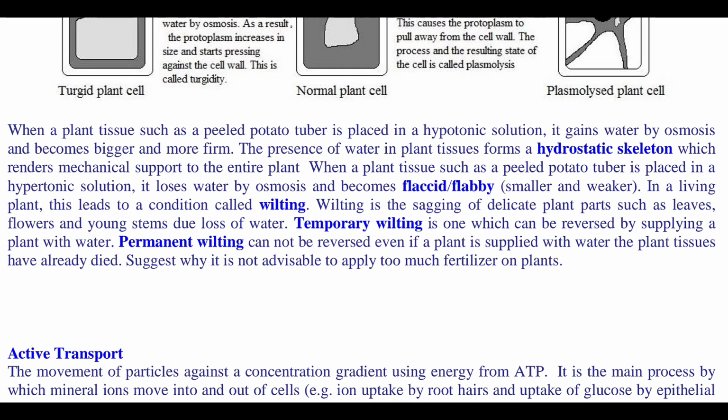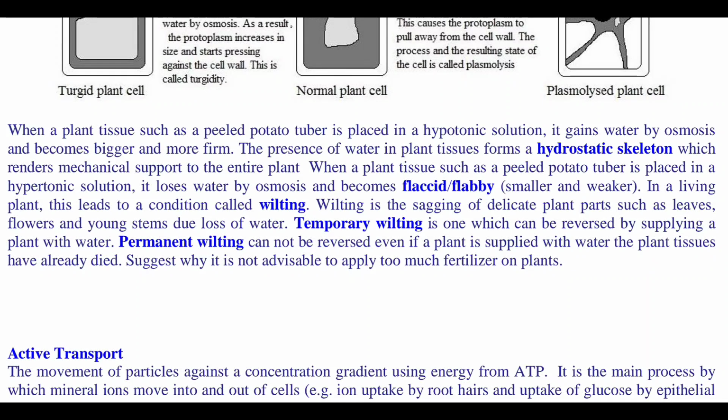Water. Temporary wilting is one which can be reversed by supplying the plant with water. Okay? Now, permanent wilting cannot be reversed even if a plant is supplied with water. The plant tissues have already died. Okay?